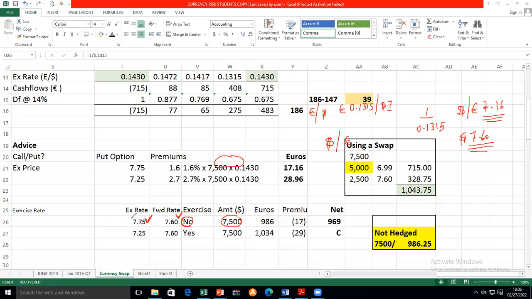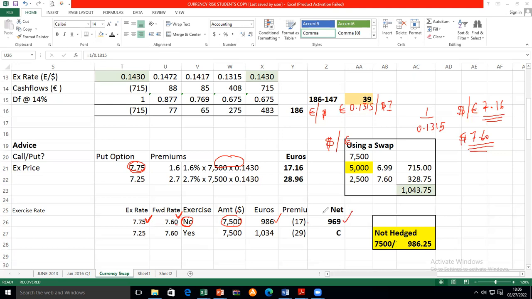This rate, which is on your options, is not a good one. You'd rather just go on the market. So take 75, divide by 7.6, that's the number of euros that you get. Remove the premium that you have paid, you end up with that.